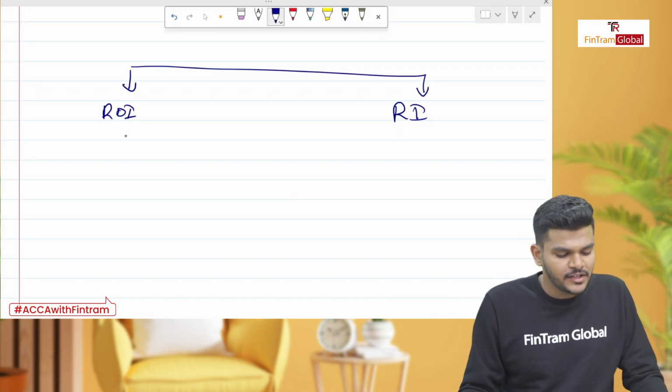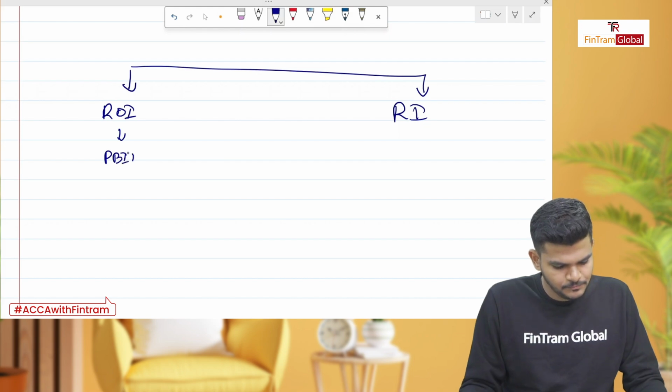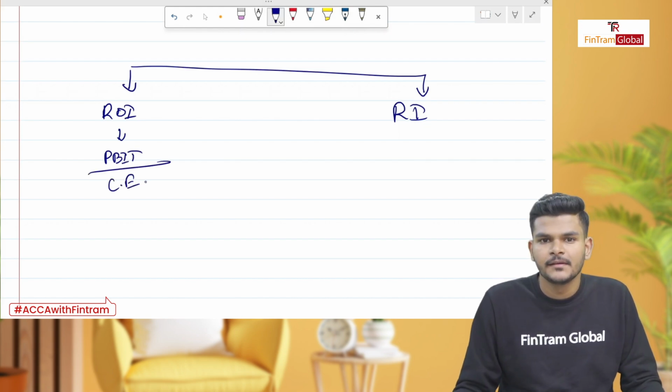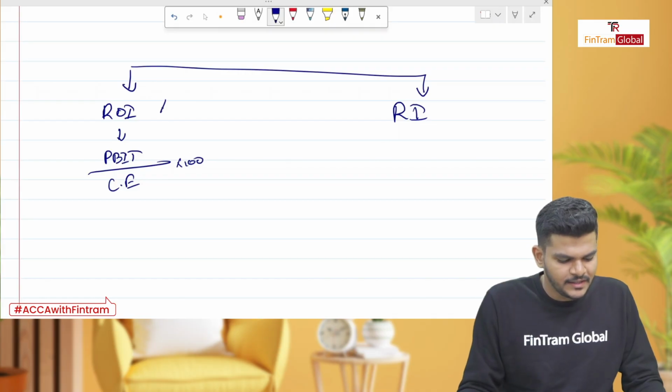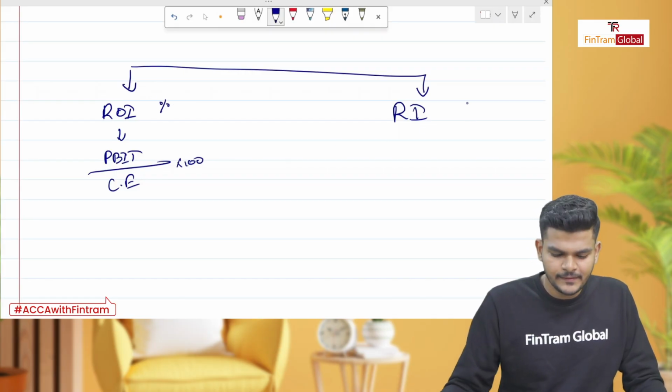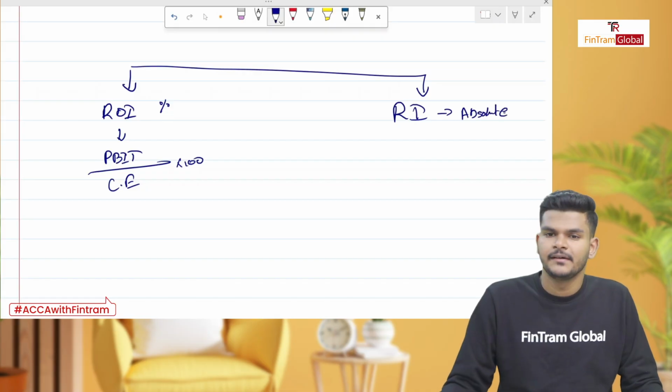So what is return on investment? What is the equation here? PBIT divided by capital employed, right? Profit before interest and tax divided by the capital employed times 100, of course, to convert it into a percentage. Remember, guys, this is a percentage figure, whereas residual value is an absolute figure, right?